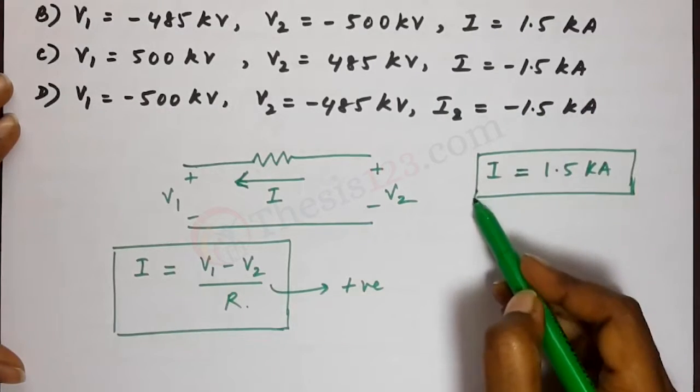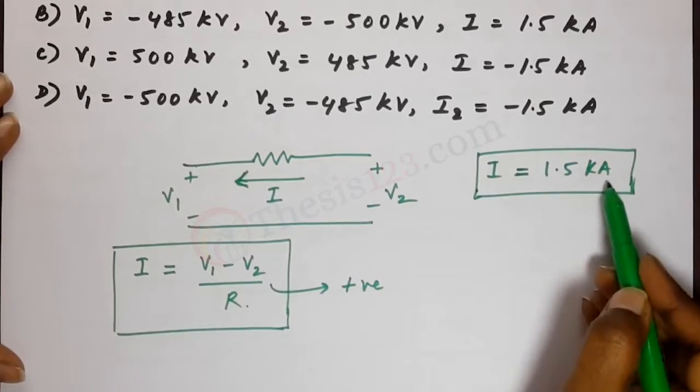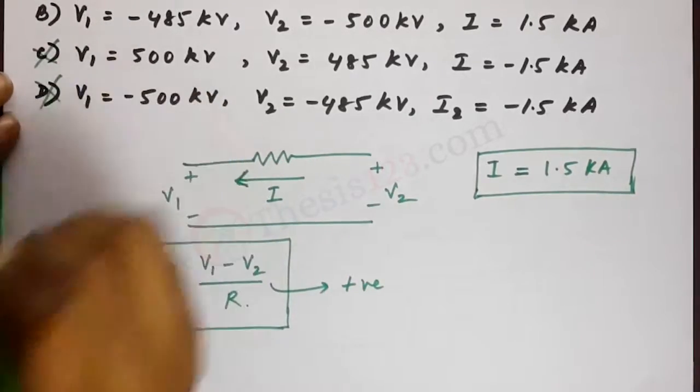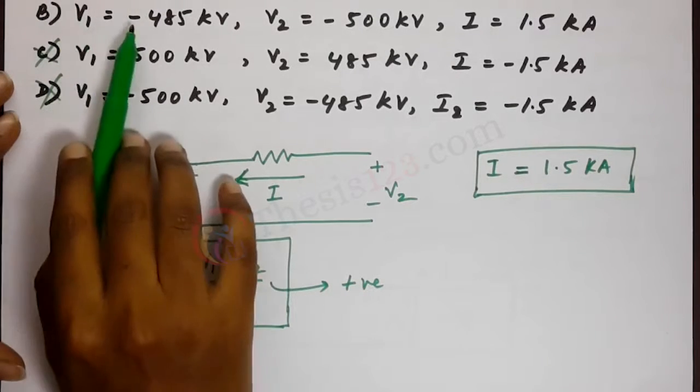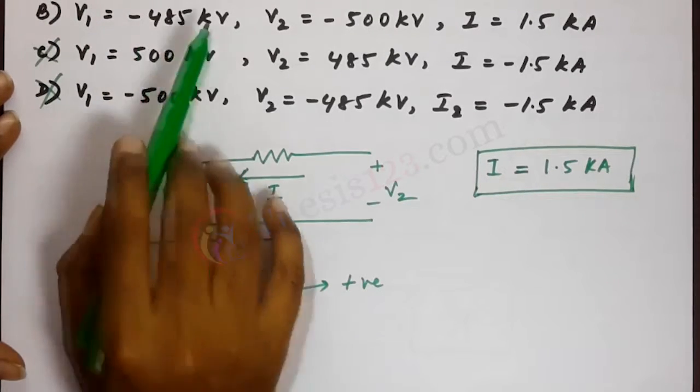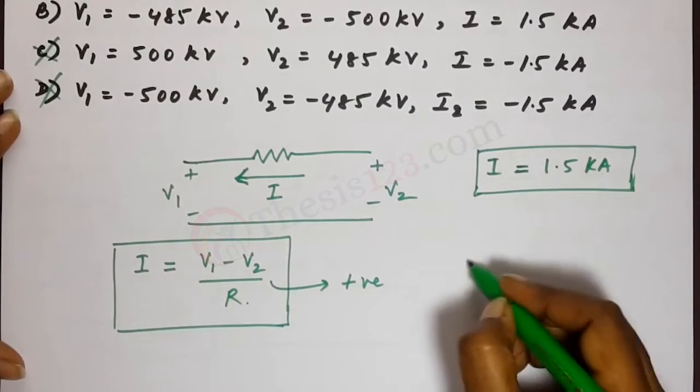Now, either way C and D are out because the current here is minus 1.5 kiloamps and we have established that the current must be positive 1.5 kiloamps. So, C and D rule out, which means that B is the right answer. Since V1 is minus 485 kilovolts, we can work it out and see.